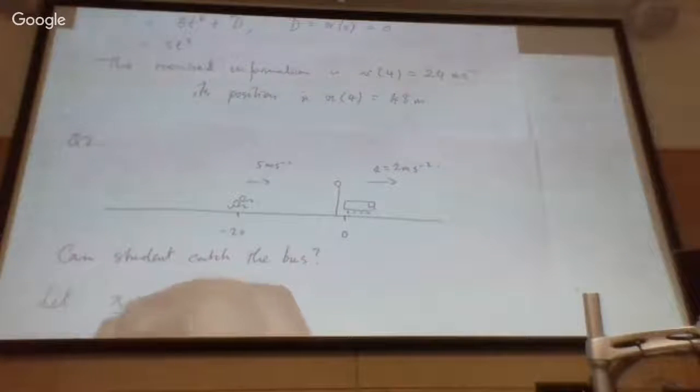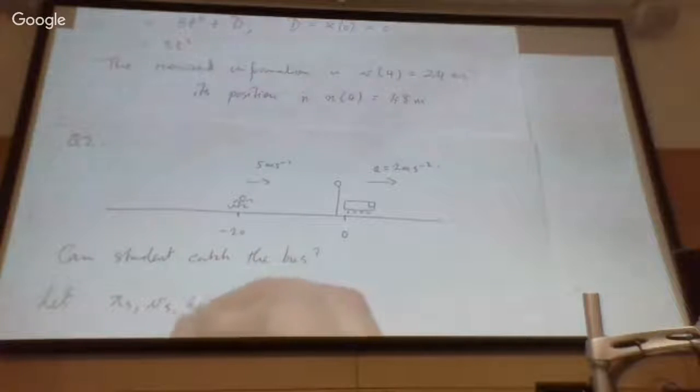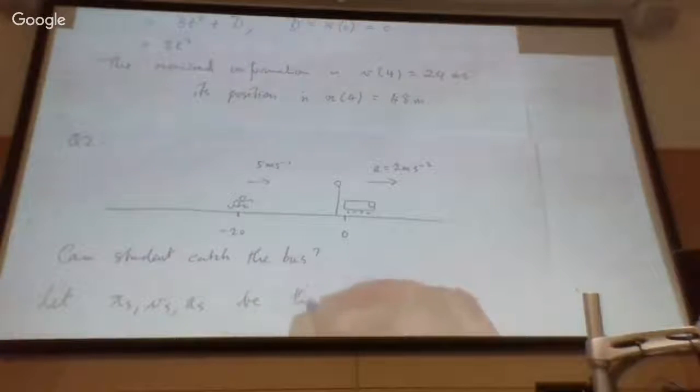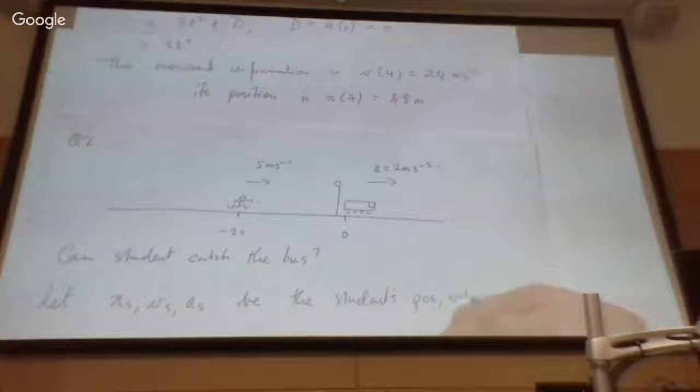So if we let xs, vs, and as be the student's position, velocity, acceleration, and xb, vb, ab be the bus's position, velocity, and acceleration.